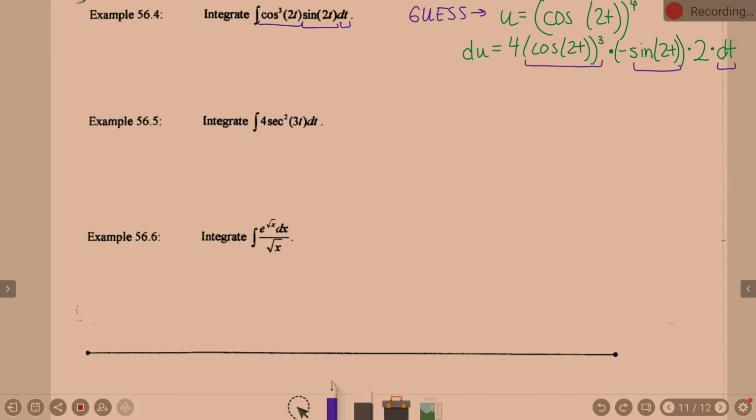So we have a 4. To get my 4 to cancel out, I'm going to need a 1/4. We have a 2. What multiplies to get a 2 to cancel out? 1/2. And you didn't overlook it, did you? There's a negative.